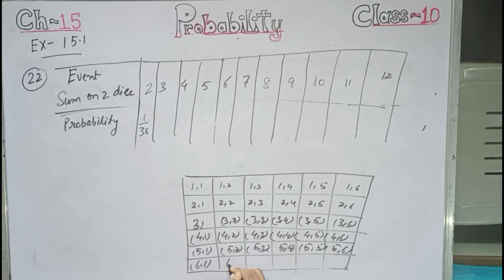Last row 6 1, 6 2, 6 3, 6 4, 6 5 and 6 6.